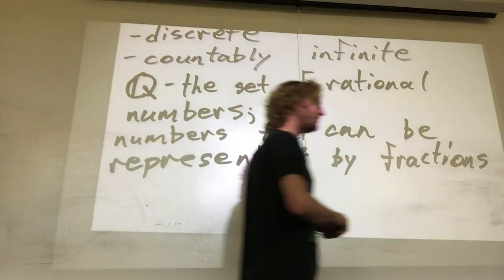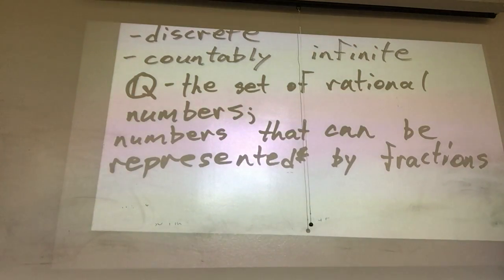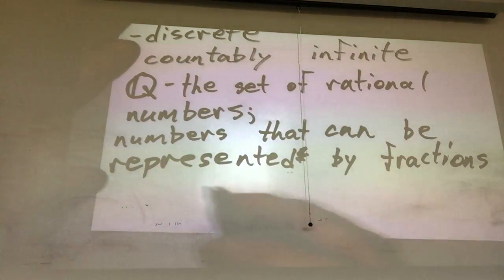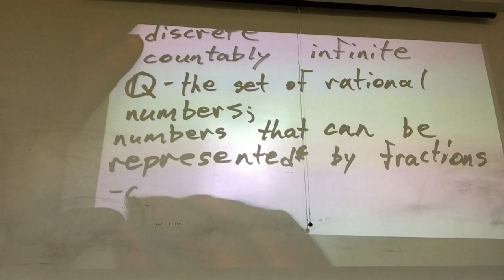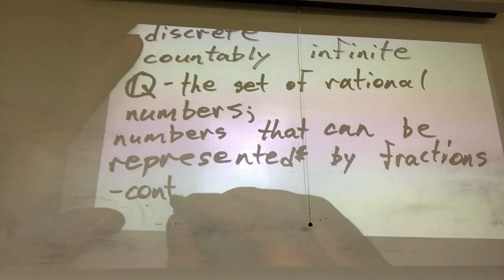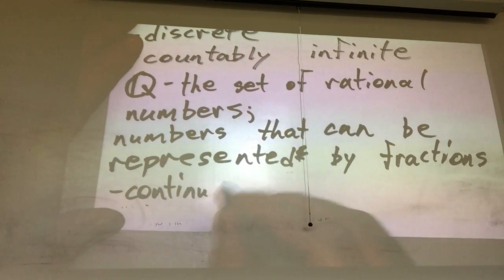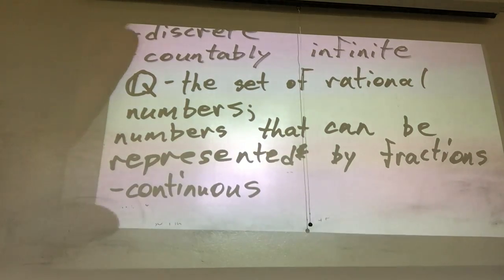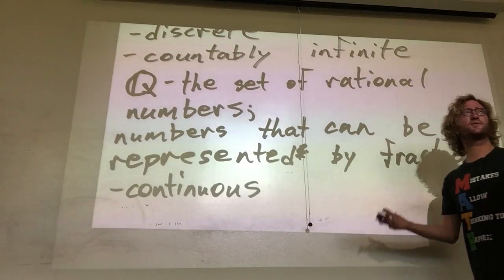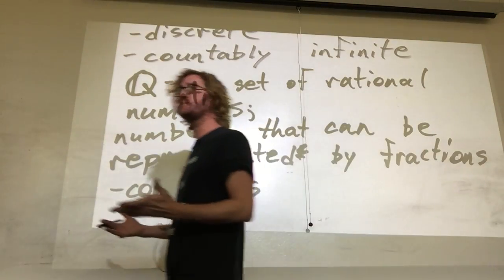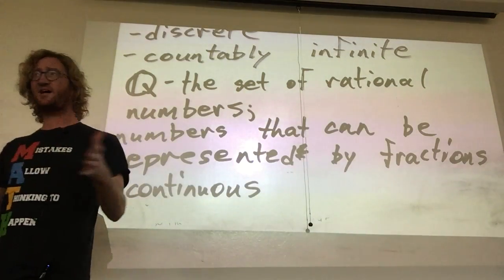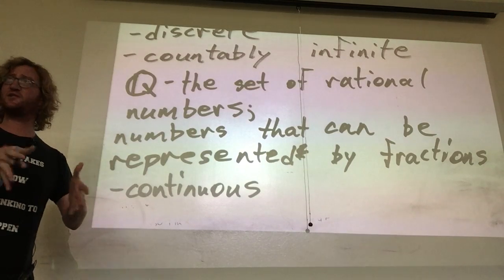This is also continuous, technically. If you think about rational numbers, if you are saying 1/2 and 3/4, you can always find a fraction in between that, and you can always keep subdividing intervals until you find a fraction in between a fraction.